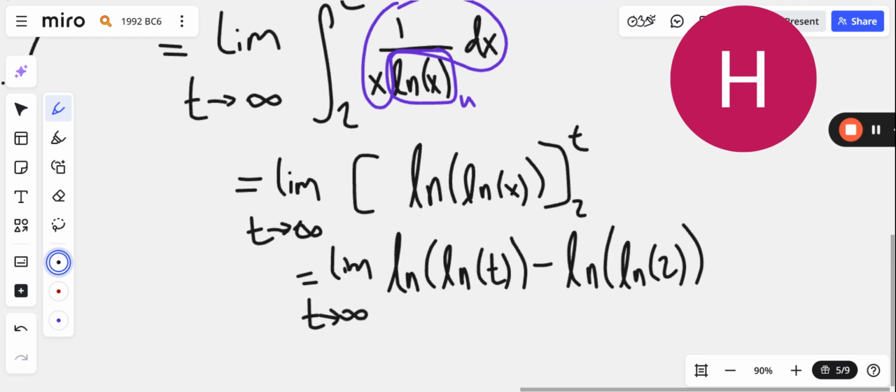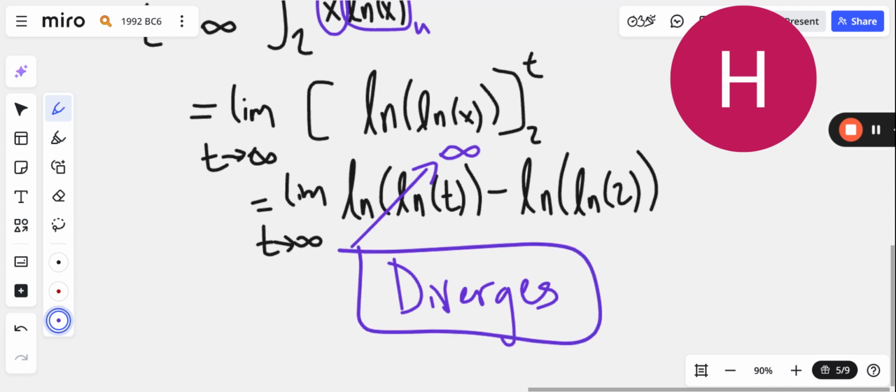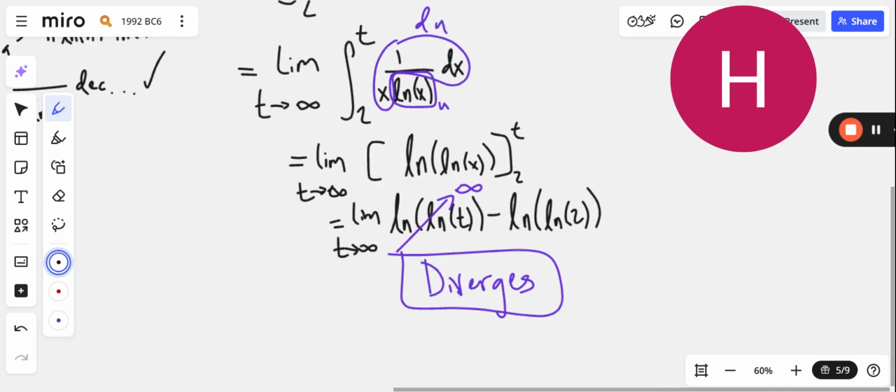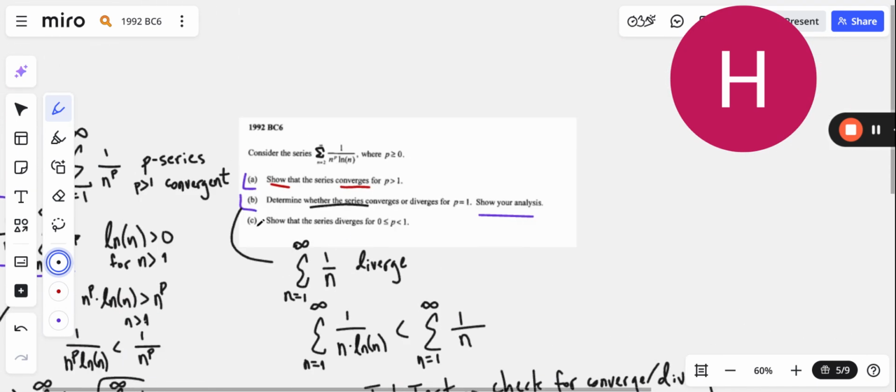We want to, that'd be nice. But of course, this is going to diverge because this is going to go off to infinity. Ln of t goes to infinity. That's the inside of another ln, so ln of that also goes to infinity. So we can say for sure that this diverges. Therefore, the series diverges. And of course, we can't find the sum of the series. We don't know what it adds up to, but we know that it diverges for sure.